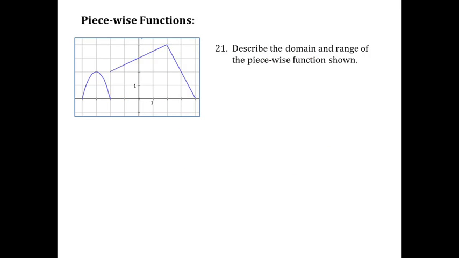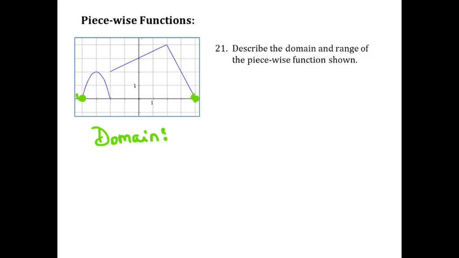In 21, we're asked to describe the domain and the range of this piecewise function as it's shown here. So my domain, remember, is your x coordinates that are included in the function. We're starting over here to the left. The furthest point is over here at negative 4, and it continues all the way to positive 4.